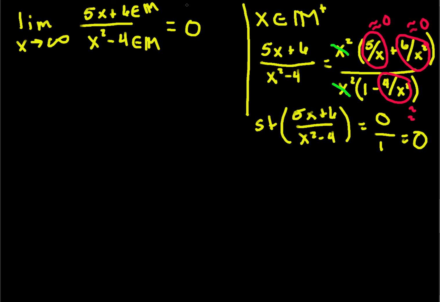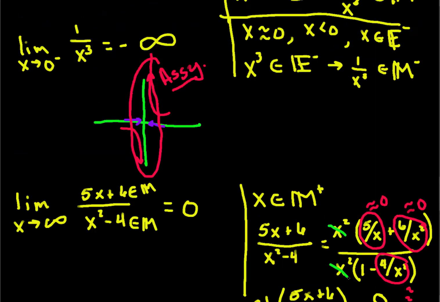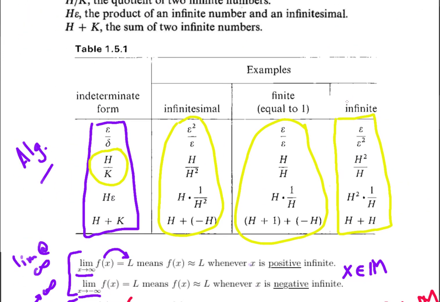In the subsequent videos, we'll just work out a bunch of examples in hopes to develop or remind you how we work with infinitesimal and infinite numbers in order to determine what the limit is. It all goes back to the same methods that we used when we had indeterminate forms to determine what kind of value you had.